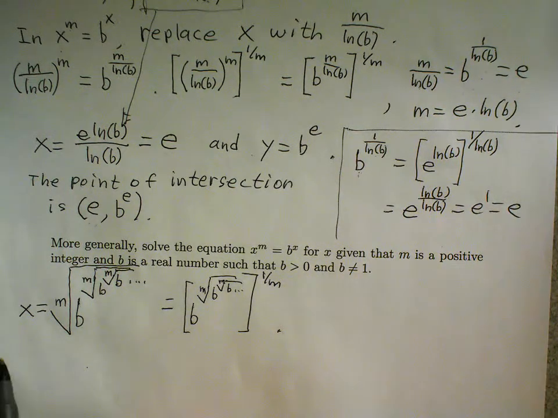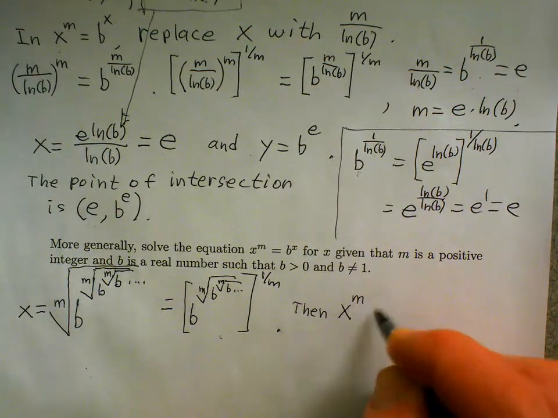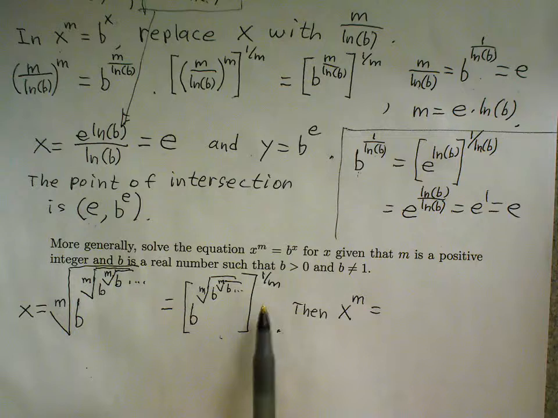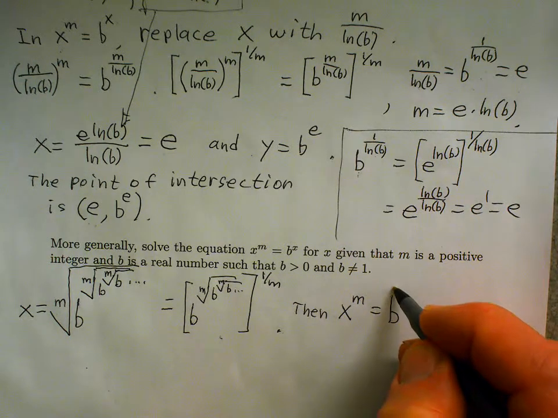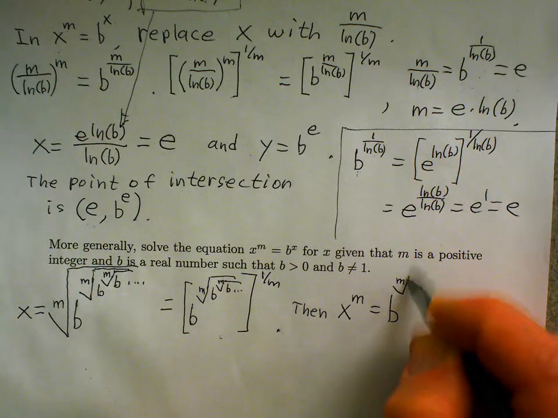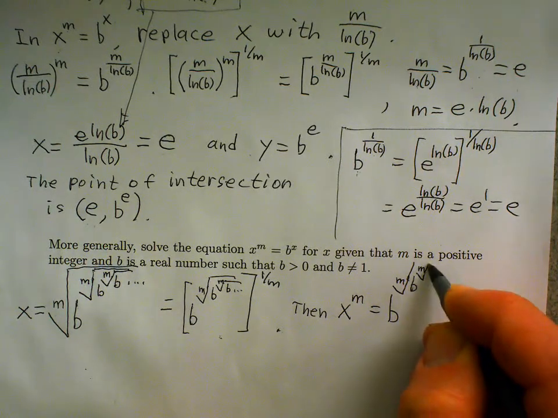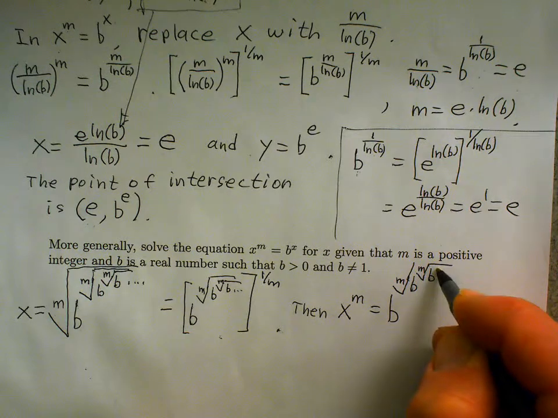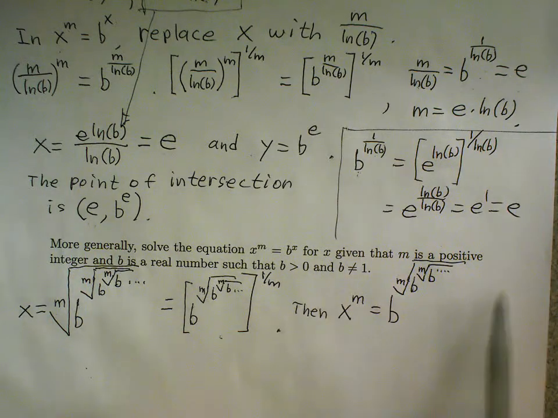Okay, then if I raise both sides of this equation to the exponent m, I get x to the m on the left-hand side, and when I raise the right-hand side to the exponent m, I get b to the exponent, which is the mth root of b raised to the mth root of b raised to the exponent, the mth root of b, and so on forever.